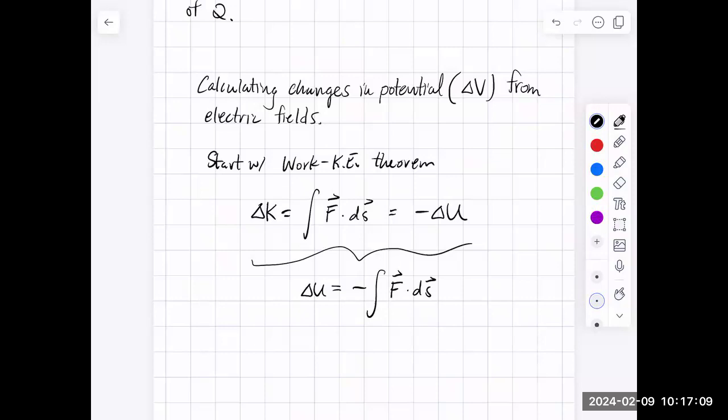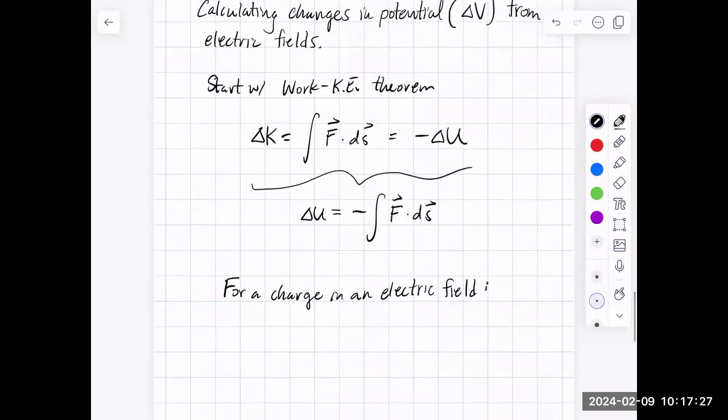So now what we want to do is we want to be specific to charges in electric fields. So for a charge in an electric field, well, we know that the force is going to be Q times E, right?